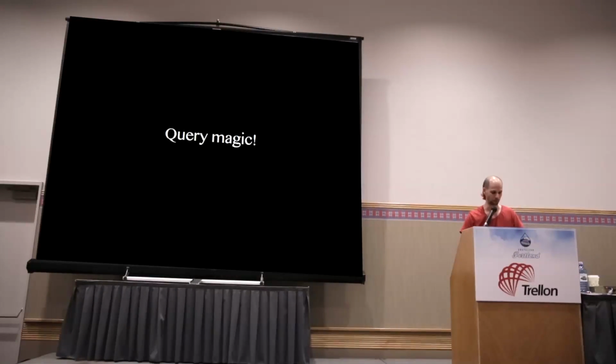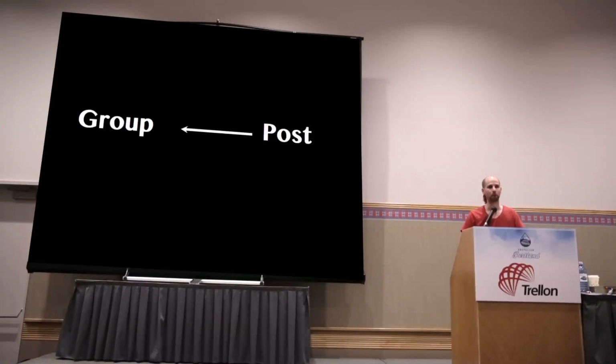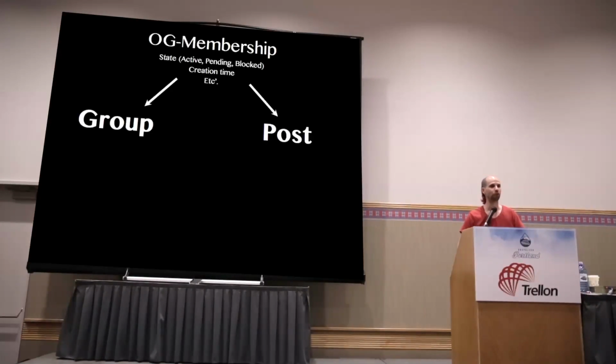Query magic. So we know that a post is referencing a group using entity reference. But we're actually not using the field storage, meaning that if you go in the database, in the table of the field, there's nothing over there. We actually use the OG membership entity to do that referencing. And the reason we are using it is because we need some metadata. It's not enough to say this post is associated with the group.